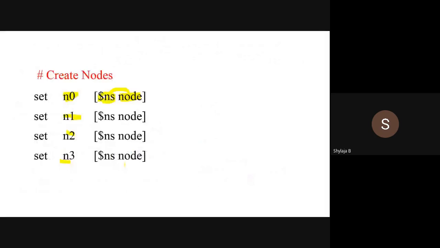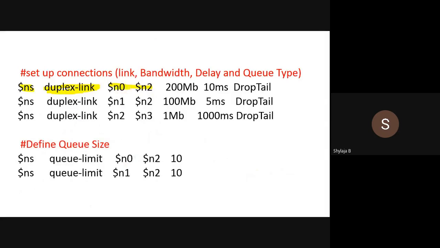Here, the duplex link from node 0 to node 2, we are defining bandwidth 200 Mb and propagation delay 10 milliseconds. Then DropTail is the type of queue, because sometimes the buffer may become full, that we call overflow. If there is overflow in the buffer, it will start dropping the new packets.